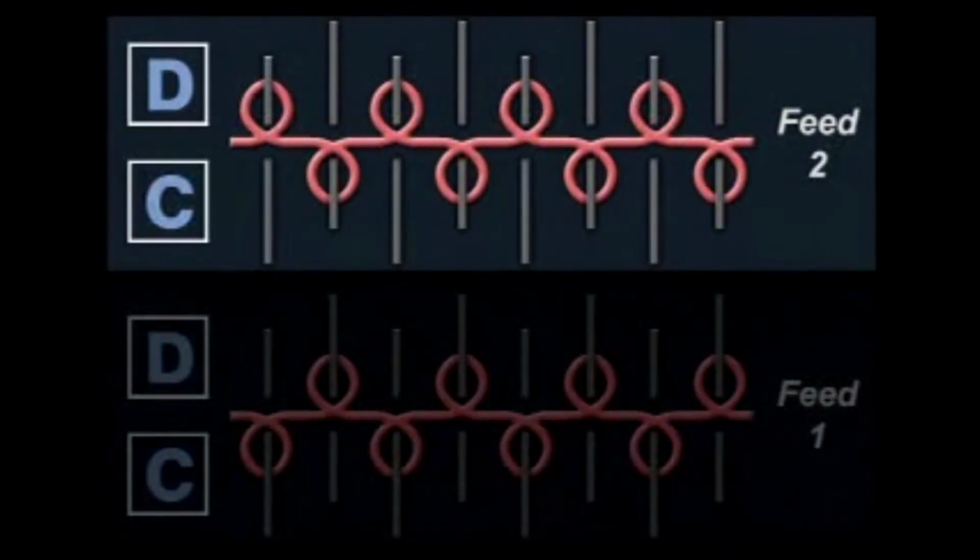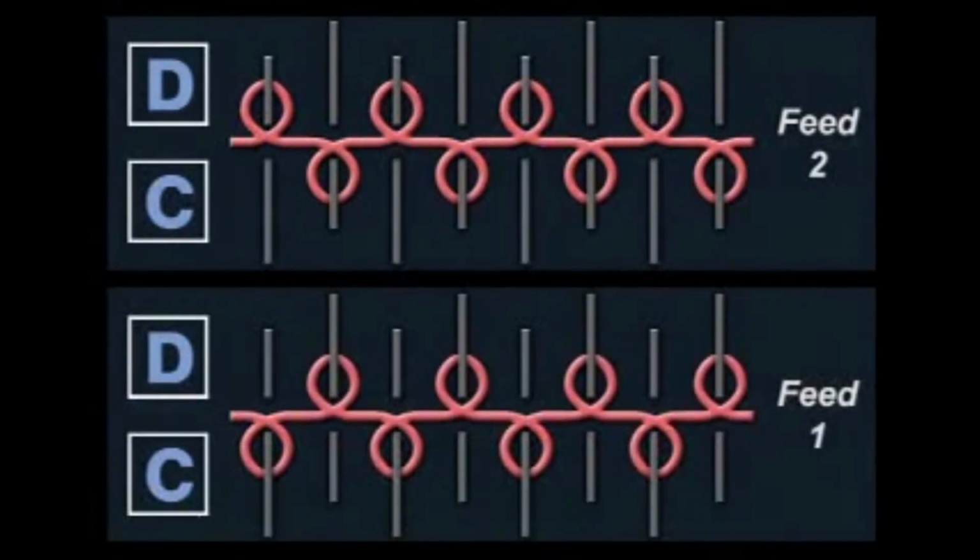On the second course of yarn or feed, the short butt position needles knit, in even positions of the cylinder and in odd positions of the dial. 2 feeds are required to complete a full visual course of interlock knit, whereas in 1x1 rib knitting, only 1 feed is required to make a visible course.